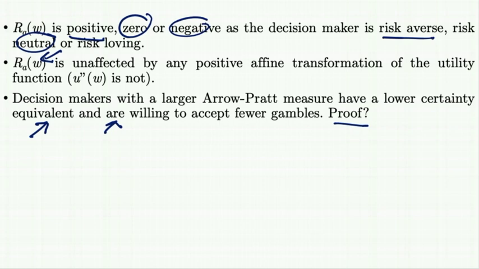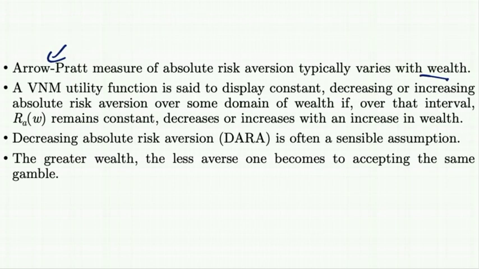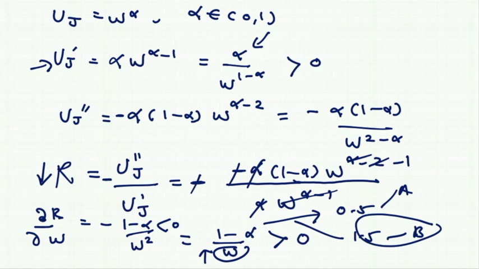Now, let's move on. The Arrow-Pratt measure of absolute risk aversion typically varies with wealth. Let's look at this example.